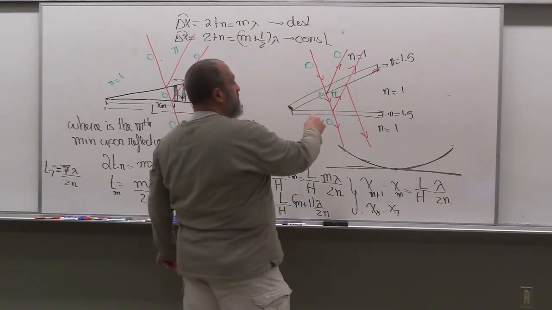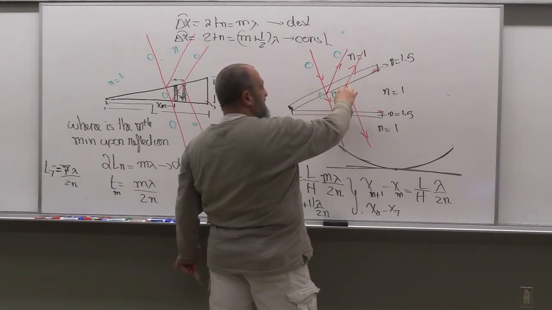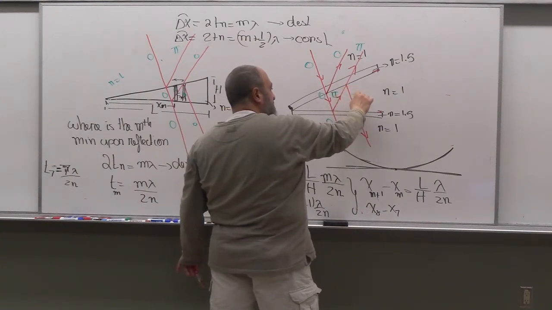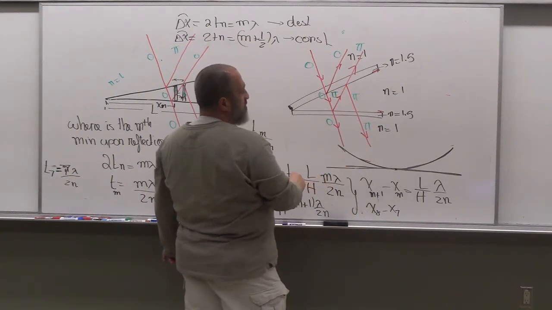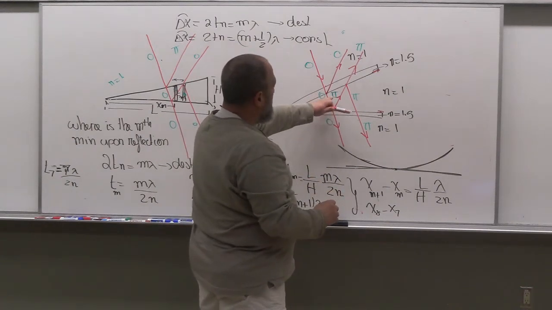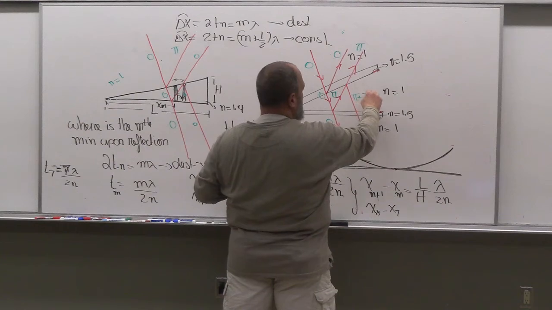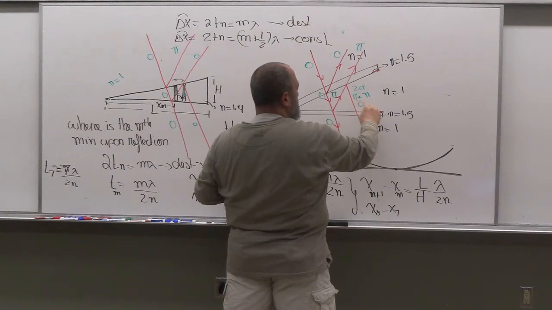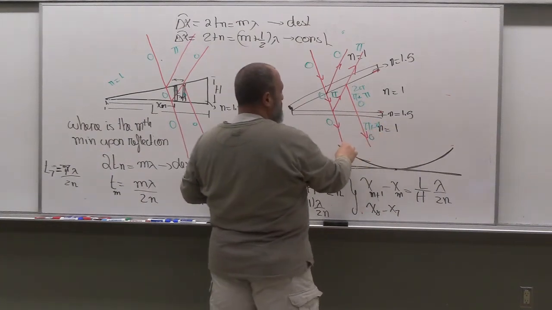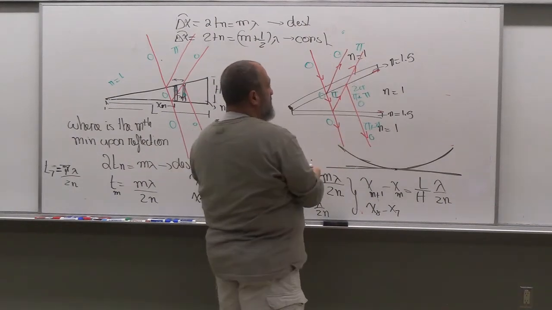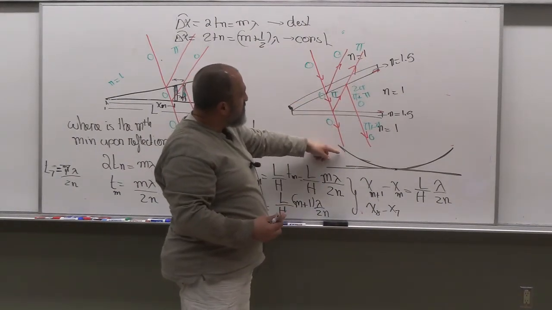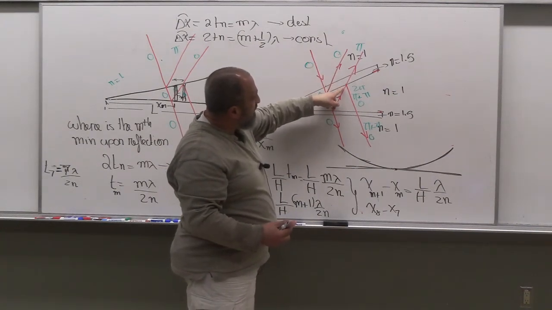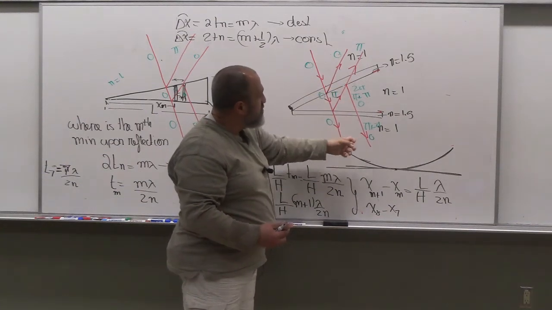Yeah, we're good. This one maintains its pi on this side, but when it goes from 1 to 1.5, you have another pi, so pi plus pi, that's 2 pi, which gives you 0. So you have 0, pi up here and 0, 0 down there. Again, the ray going through has 0, 0, 0 all the way through. Here from glass to air 0, here from air to glass pi, and again from air to glass another pi, 2 pi, so we have 0, 0, 0, 0.